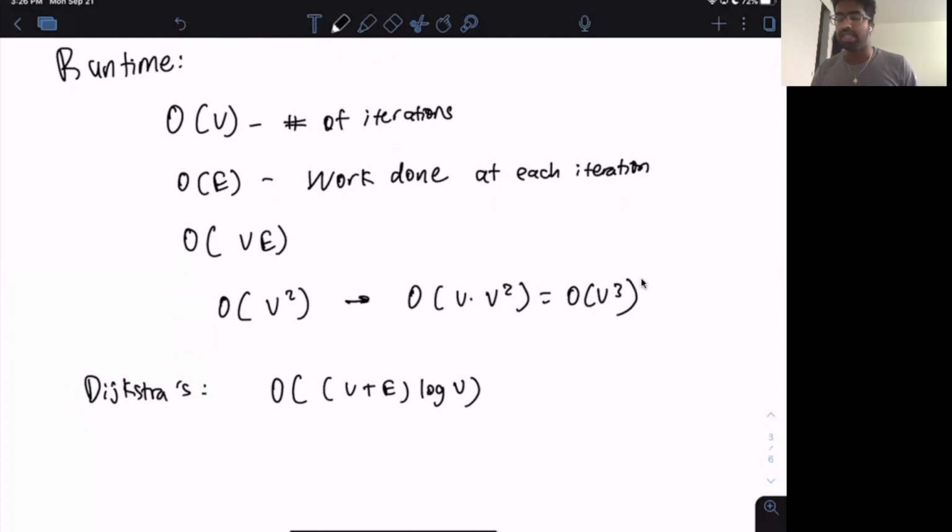That's where the extra cost comes in. So Bellman-Ford is slower for sure, but it's more accurate. It'll find us good solutions even with graphs with negative edges, with one caveat that I'll explain.